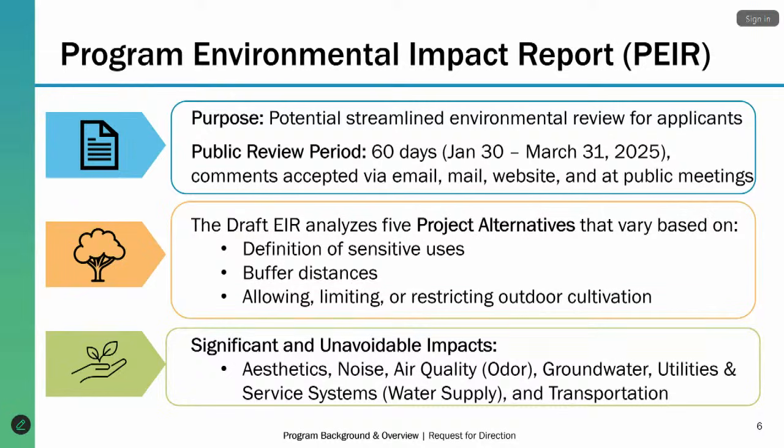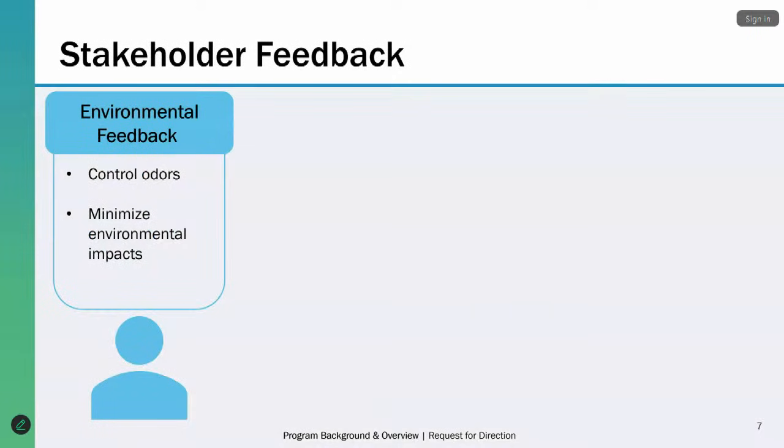All project alternatives would have similar impacts, with the exception that outdoor cultivation facilities would result in odor impacts that could be lessened if outdoor cultivation is prohibited. The final PEIR, including responses to public comments, will be made available to the public in spring 2026, prior to any future public hearings. Staff participated in more than 280 outreach events during program development.